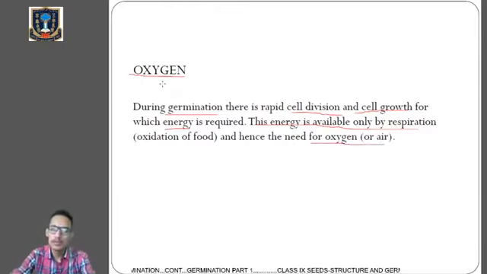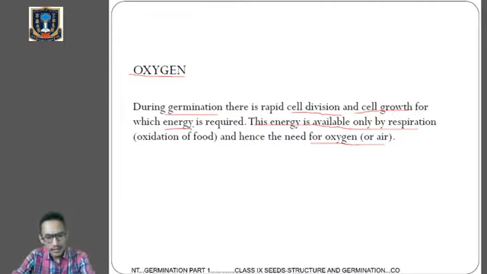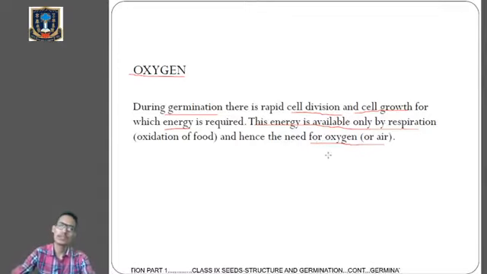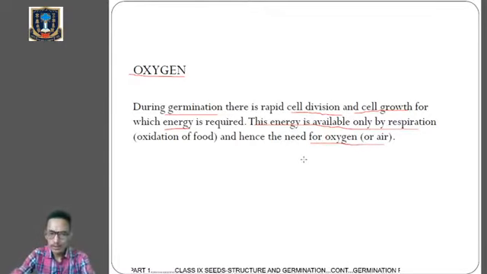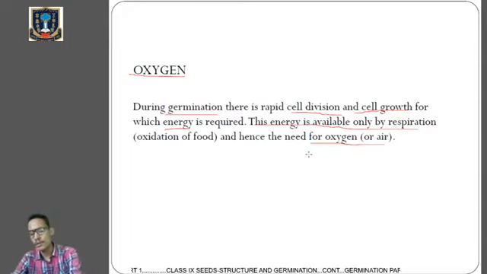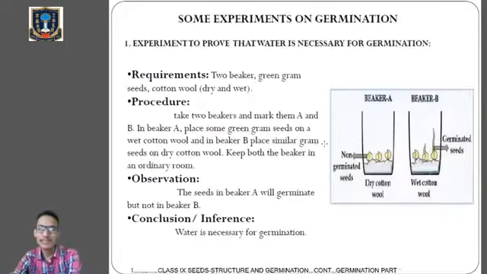So therefore, oxygen is very, very important for the process of germination, because during germination there will be rapid cell division and rapid cell growth, for which energy is required, and energy is only available by the process of respiration, where there will be breakdown of food particles, oxidation of food, and therefore respiration occurs only in the presence of oxygen. So therefore, water, suitable temperature, and oxygen are very, very important for the process of germination.